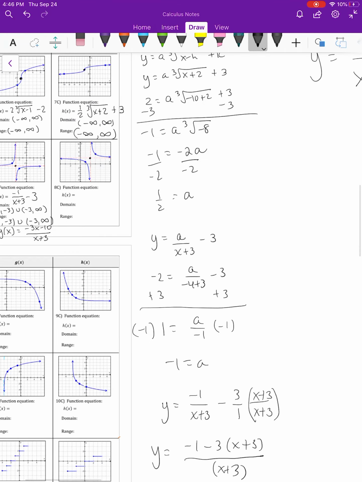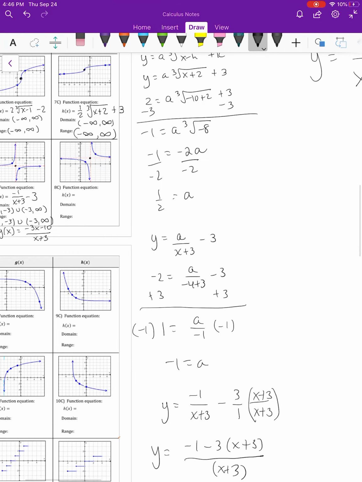So that is going to give me 2 over x minus 2 plus 3. So 2 over x minus 2, plus 3 over 1, and I multiply by x minus 2.